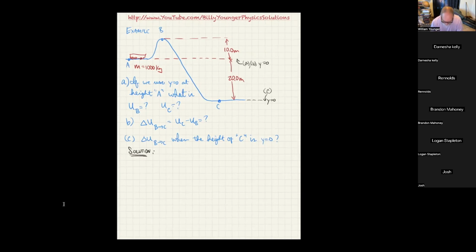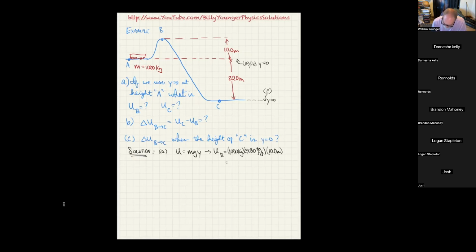So let's start off with part A. U is supposed to be mgy. So that means UB is equal to 1,000 kilograms times 9.80 meters per second squared times the height that point B is above what we called y equals 0, and that's clearly 10.0 meters.